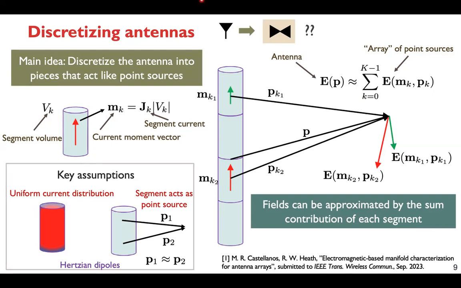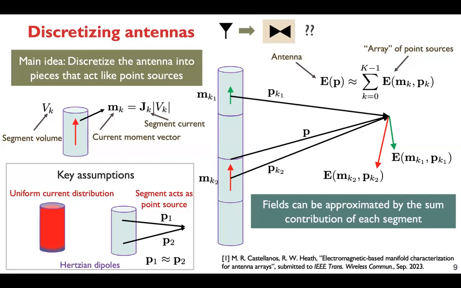Let's say we take this antenna and break it up into small pieces such that in each segment we have the following key assumptions satisfied. The first one is that the current is relatively uniform along that segment, and the second is that the segment is small enough that it can be treated as a point source. Under these assumptions, the segment becomes equivalent to something known as a Hertzian dipole.